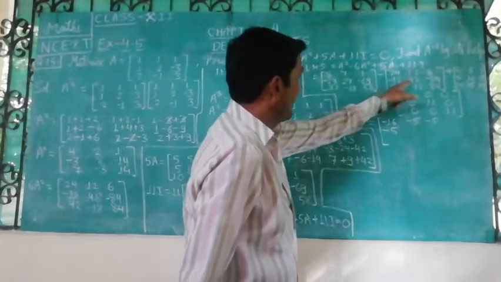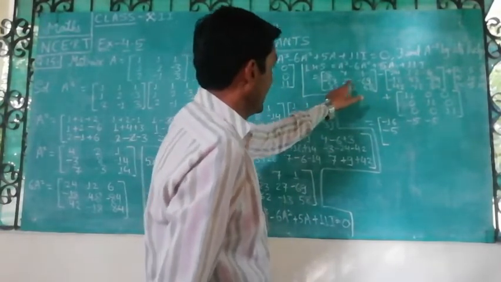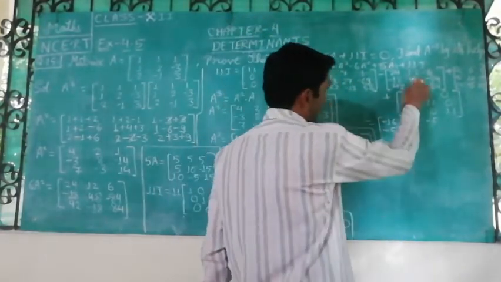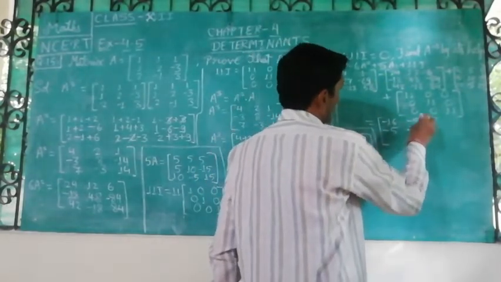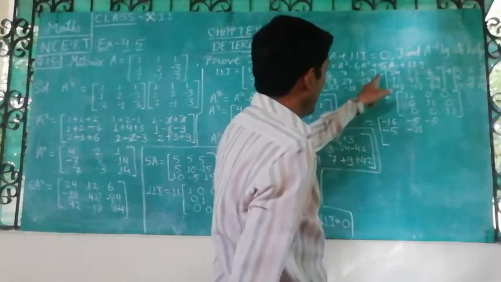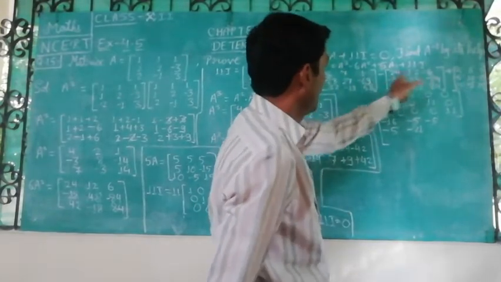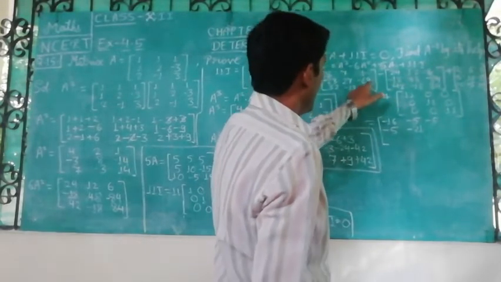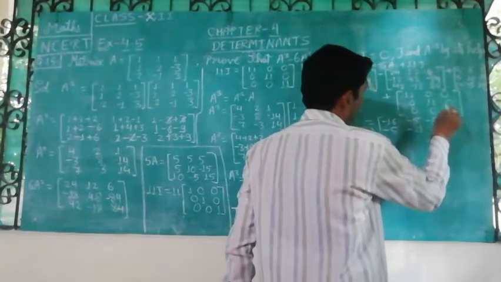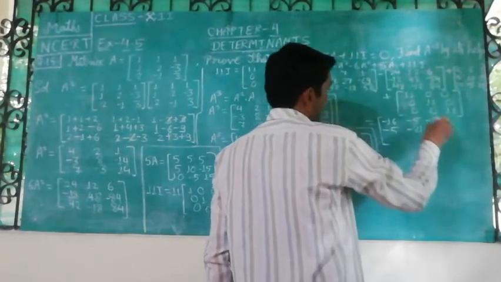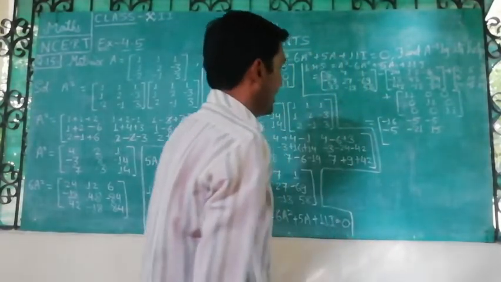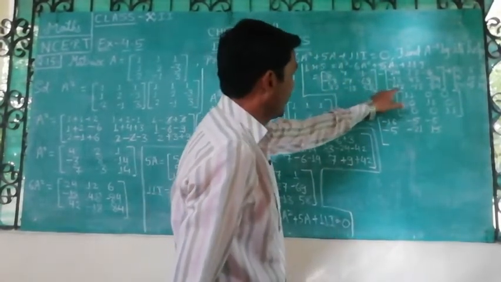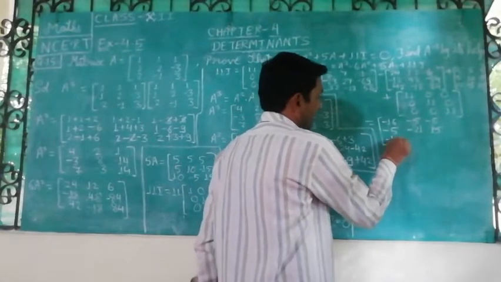Now 27 minus 48 means it is negative because 48 having minus sign. So 8 minus 7 is 1 and here it is 2. Now minus 69 plus 84. So 84 minus 69 we have to do. 14 minus 9 is 5. And 7 minus 6 is 1. So it is 15. Now 32 minus 42, that is minus 10.